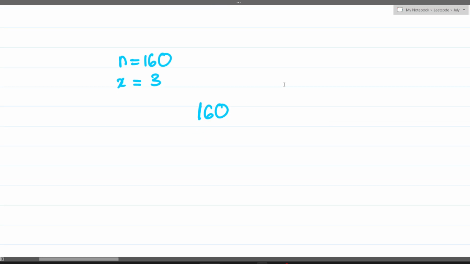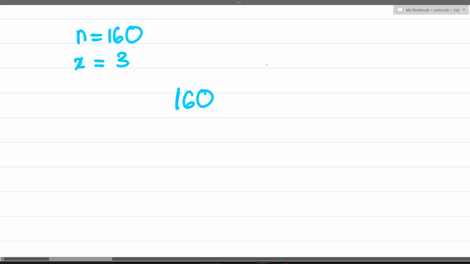Let's see that now. Okay, so let's say n is equal to 160 and x is equal to 3, right? So 160 is basically what I'm trying to make. And I know 100% for a fact that I am worried about unique positive integers.